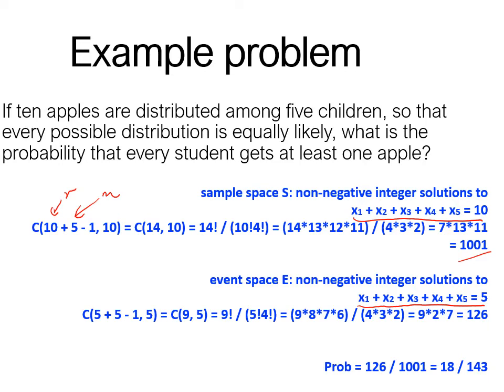And so that's equivalent to saying that they're greater than 0, and they add up to 5. Again, we compute the number of these outcomes using our formula for these equations, and we get 126. And so the probability is then 126 over 1001. So this is a nice problem that combines unordered lists or bags with probabilities.